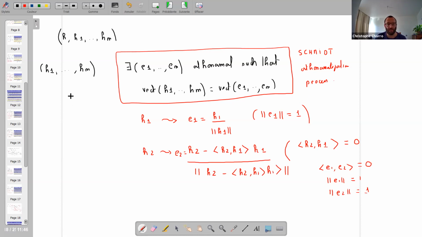So I have this. Concerning the first vector H here, I have an orthonormal family.